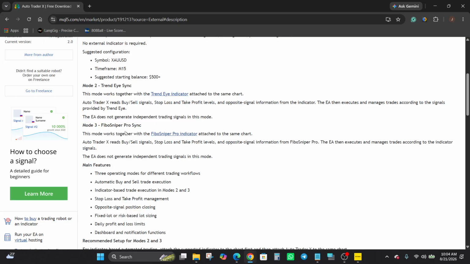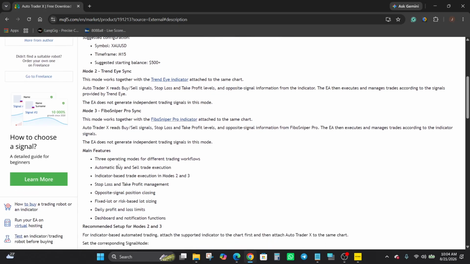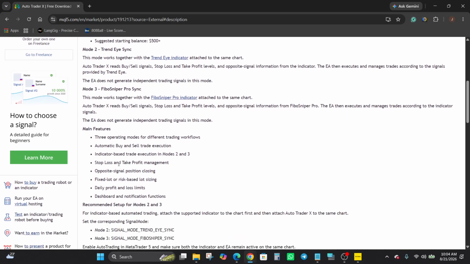Okay, so the developer notes that in modes 2 and 3, AutoTrader X does not generate its own signals. All right, it acts purely as an automated extension, or rather an automated execution and trade management tool, reading buy and sell triggers, stop loss, take profits, and opposite signal information directly from those indicators.